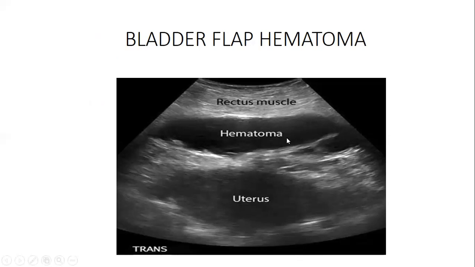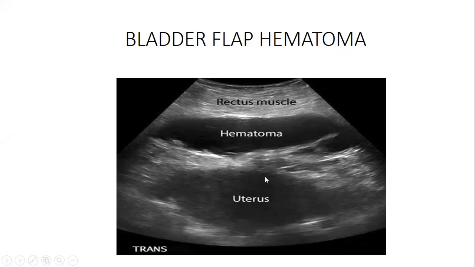When you look at the rectus muscle, which is on the anterior abdominal wall, you have this hematoma just anterior to the uterus. This was a transverse view. You may have this lesion just adjacent to it, and you can see the uterus just below here.